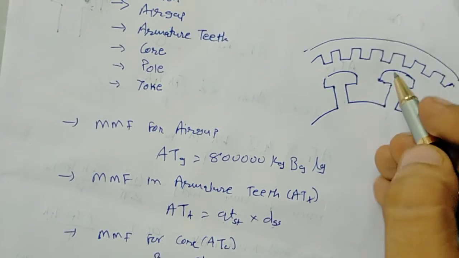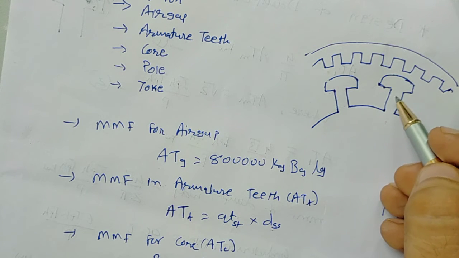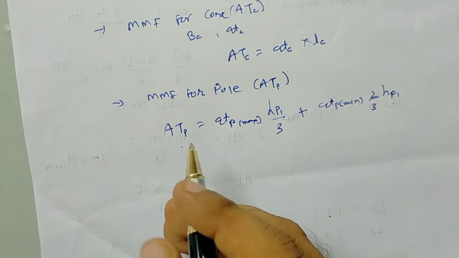So simply it is divided into two parts, 1/3 and 2/3. The 1/3 part is associated with the maximum MMF and the rest of the 2/3 part is associated with the minimum MMF. That is why we have this kind of equation.